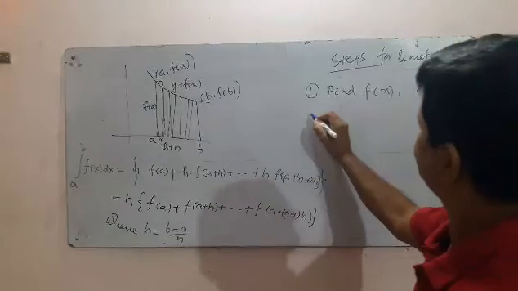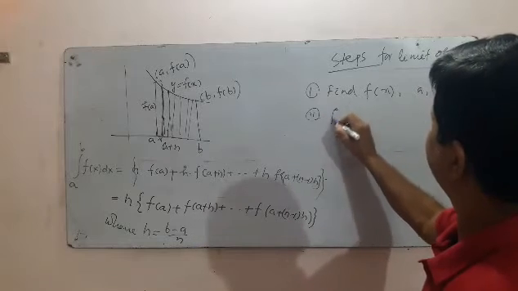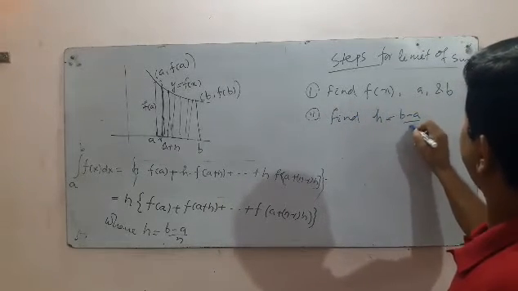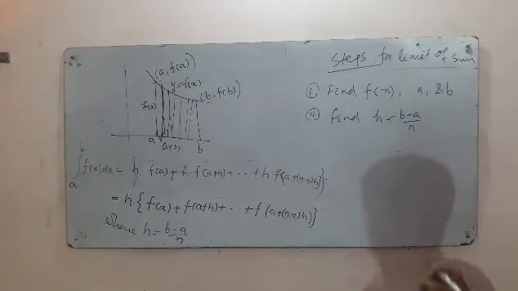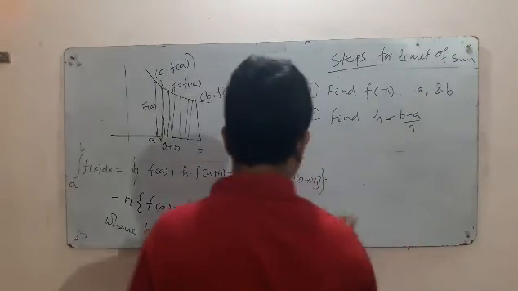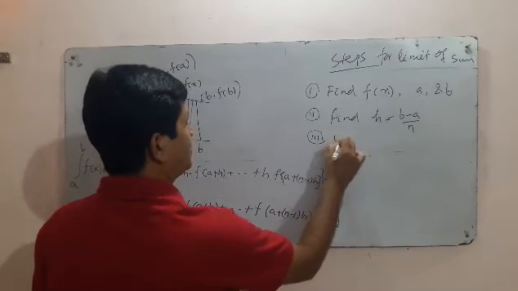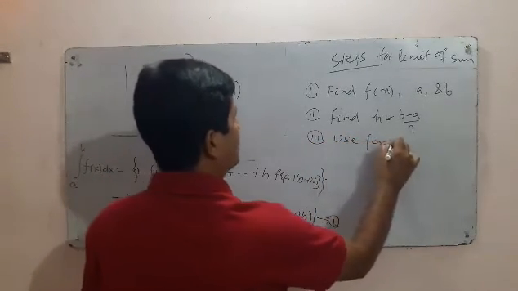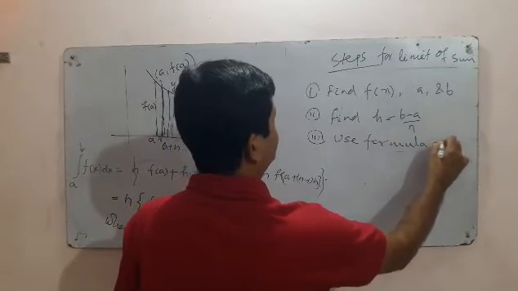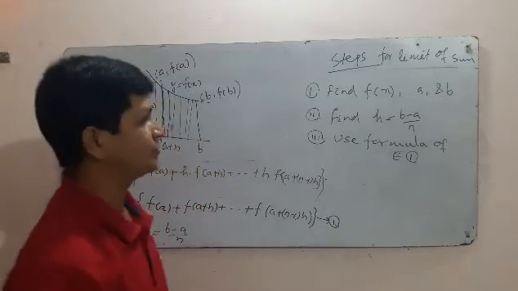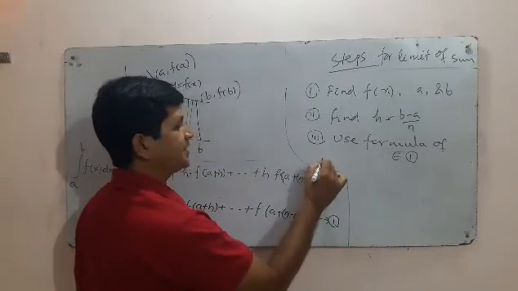Next, find h is equal to b minus a by n. Next, use the formula of equation 1. This is equation 1. This will be used, and the last part, use the formula.